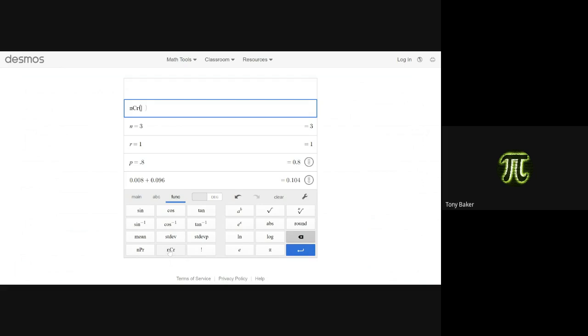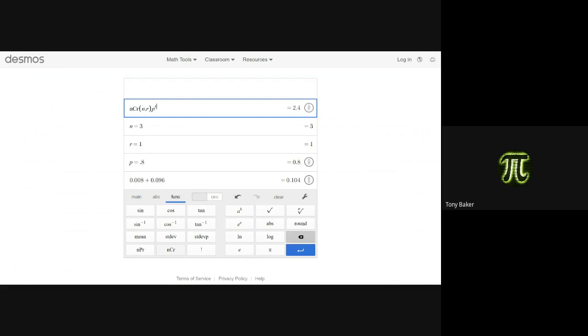So I hit NCR and then I put N comma R. And then I did P. The graphing was less useful in this class than it will be in other classes.